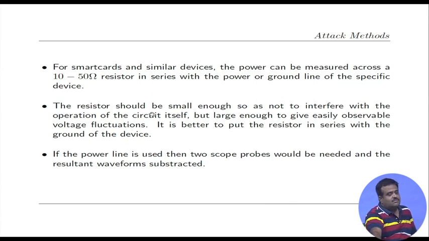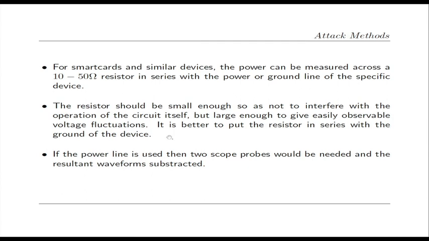The resistor would be small enough not to interfere with the operation of the circuit itself, but large enough to give an easily observable voltage fluctuation. It is better to put the resistor in series with the ground of the device. If the power line is used, then two scope probes would be needed and the resultant waveforms subtracted.